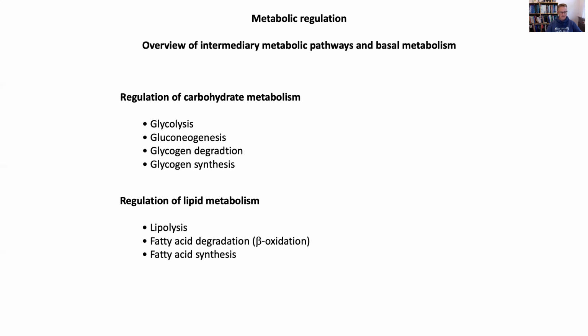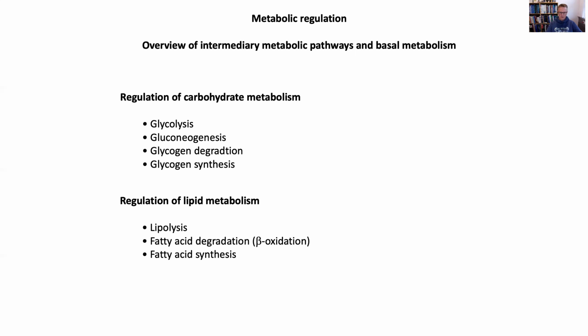Later on, when talking about carbohydrate metabolism, we of course also have to understand how it interacts with lipid metabolism. So I will touch upon how lipolysis is regulated in adipose tissue, and later on also touch upon how fatty acid degradation by beta oxidation in the mitochondria, and also how fatty acid synthesis is regulated.